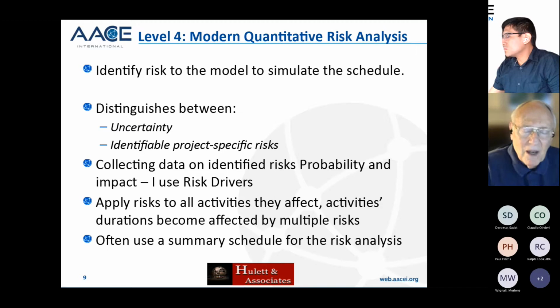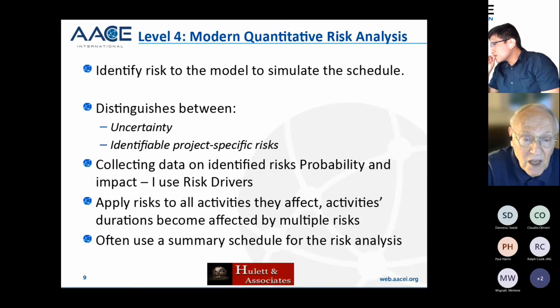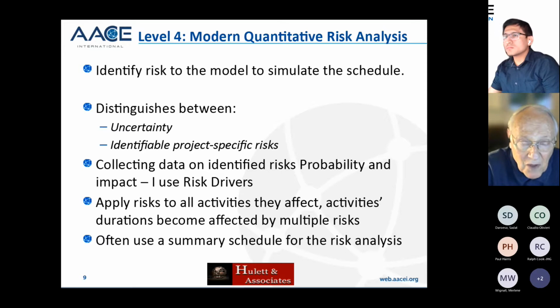Those areas might very well have a number of risks that are common to all of those activities. And so we have to identify which risks are involved with all those activities. Then you apply risk to all the activities that they affect, and the duration of those activities become affected by multiple risks if there are multiple risks assigned during the Monte Carlo simulation.